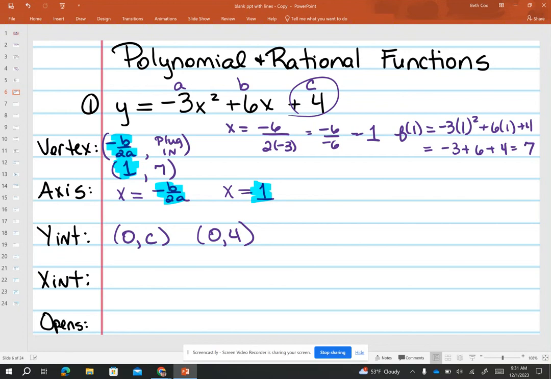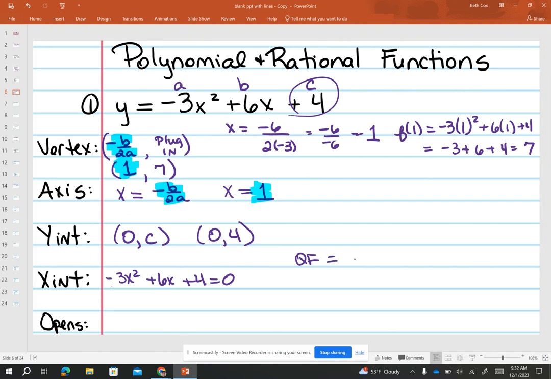The x-intercept, this is where we actually have to do some work, quadratic formula and/or factoring. This one we're going to use the quadratic formula. We're going to set it equal to 0 and solve. So we have negative 3x squared plus 6x plus 4 equals 0. We already know a is negative 3, b is 6, and c is 4. So we're going to use our quadratic formula. Make sure you have that memorized.